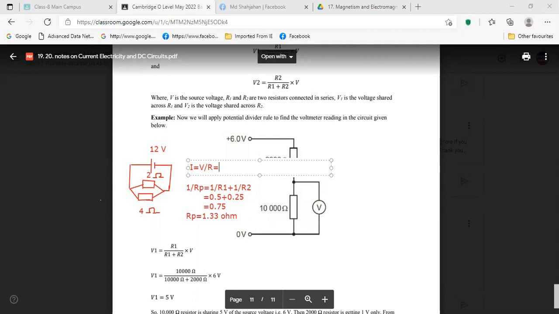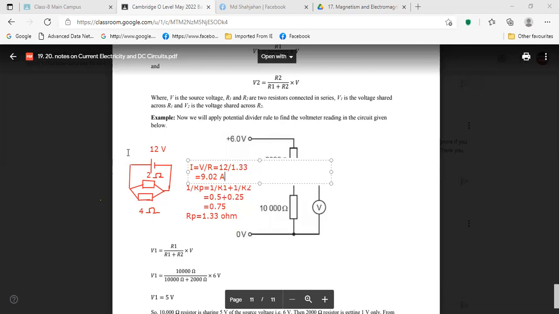V is 12. And what is your resistance? 1.33. And what is the current? 9.02. That's ampere, right? Yes, sir.